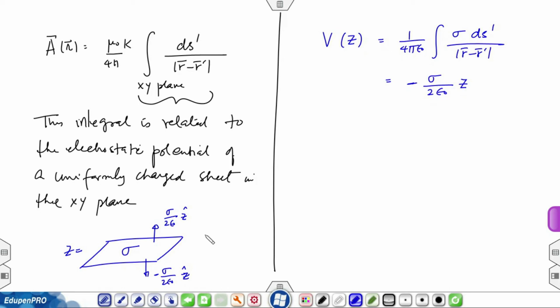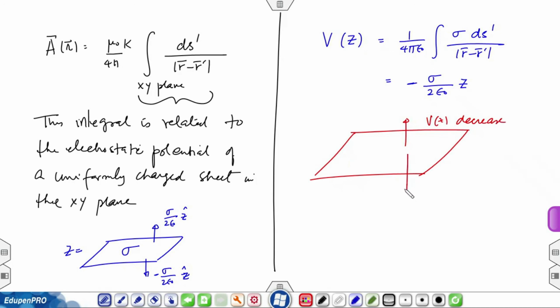So, as z increases, take the sheet, V z decreases, becomes more and more negative. Similarly, on the other side, it should decrease because the field is the other way. So, I should put a mod here.